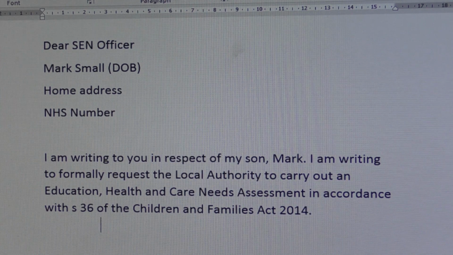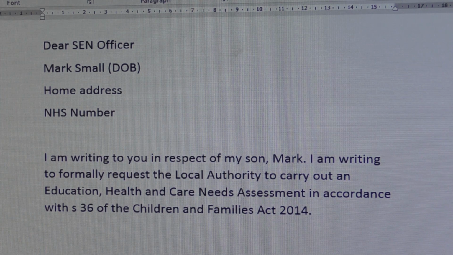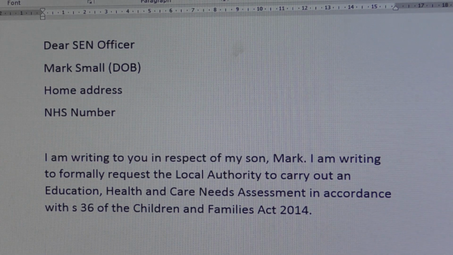So there you go, very straightforward. You tell the local authority why you're contacting them and what you're asking them to do. In this case, we're formally asking them to initiate the EHC needs assessment, in accordance with section 36 of the Children and Families Act.